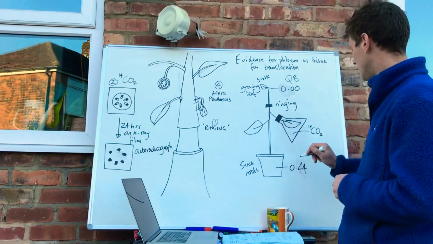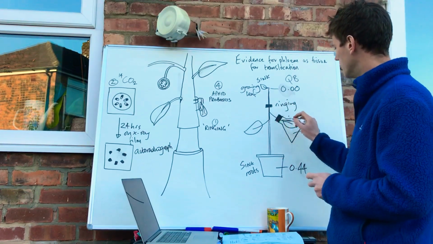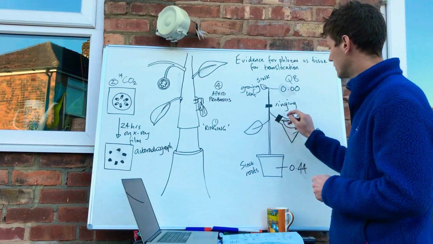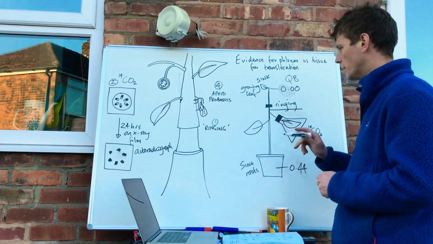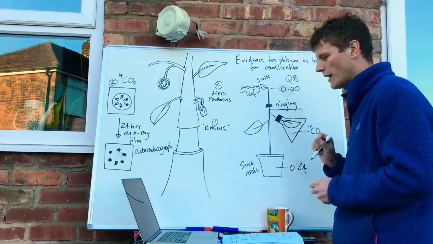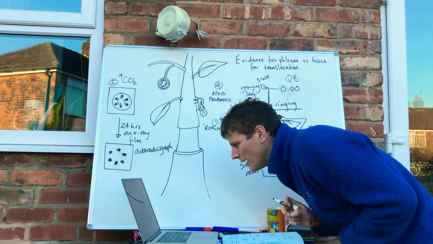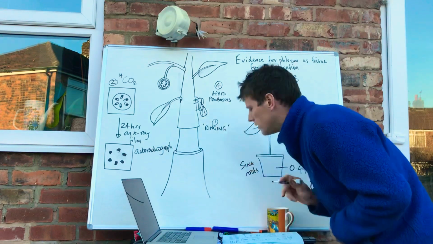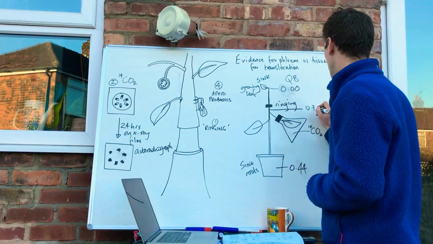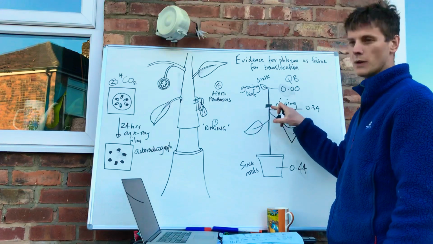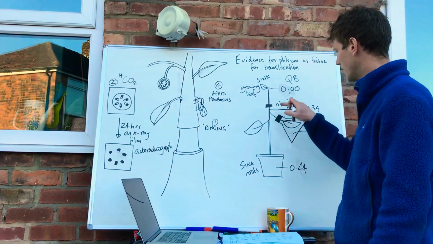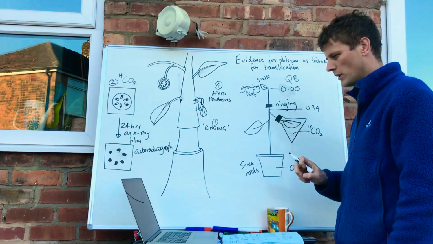And there is also some movement of those photosynthetic products from the leaf up the plant, but below that ring, of 0.34. So the photosynthetic products have started to move up the phloem towards the ring, but they're unable to cross beyond that ring.